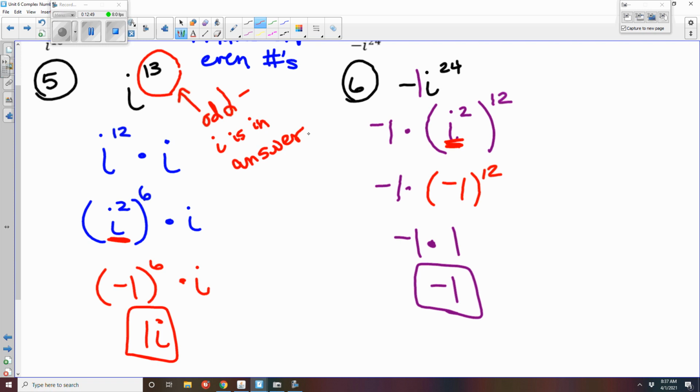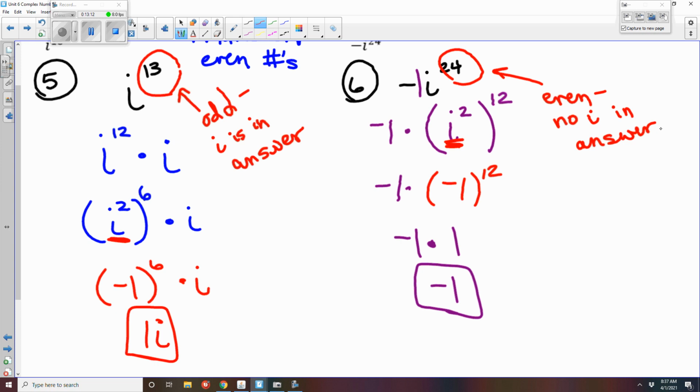So if you start off with an odd exponent, i is in the answer. Whereas if you notice over here, where I start off with an even exponent, what do I not have? There you go. We don't have an i anymore, so no i in the answer.